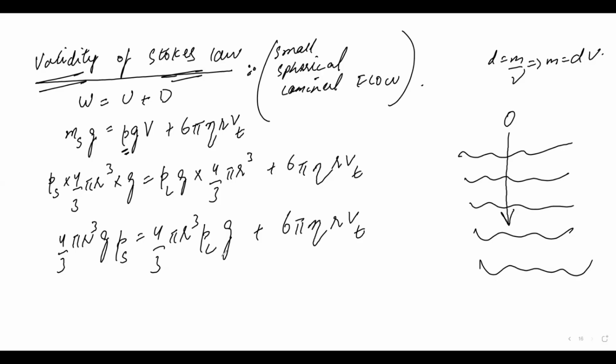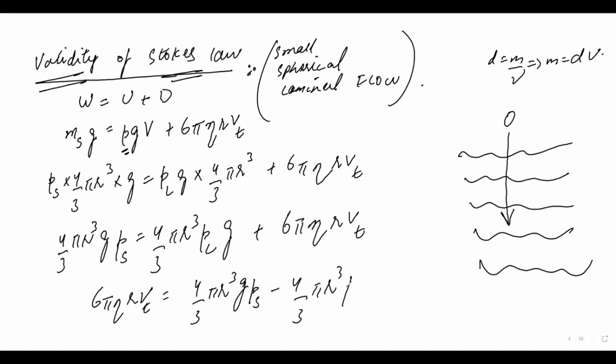But from here, I'll be calculating the terminal velocity because terminal velocity is important. So I'll make 6 pi eta r vt the subject, and this equation would look like 4 by 3 pi r cubed g times rho s, take away 4 by 3 pi r cubed times the density of the liquid times g.